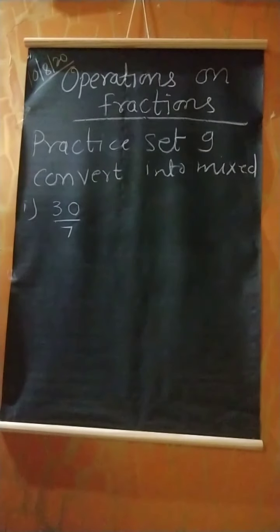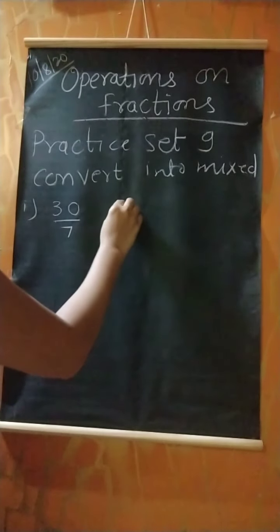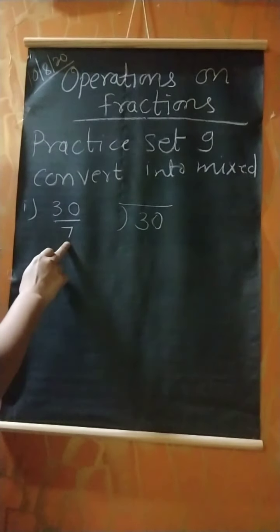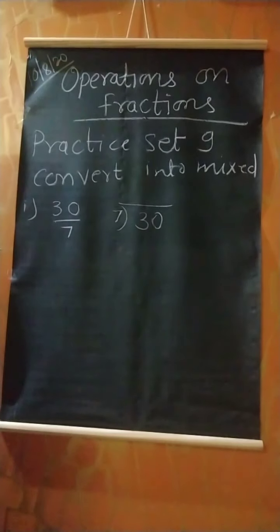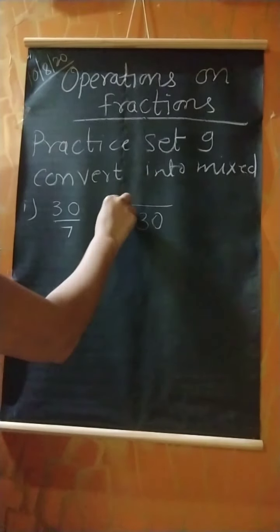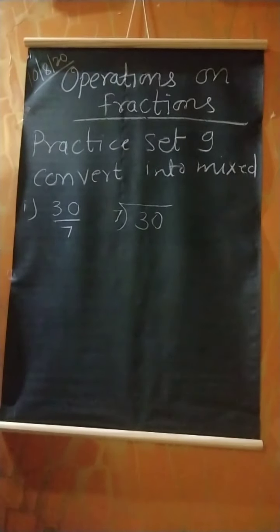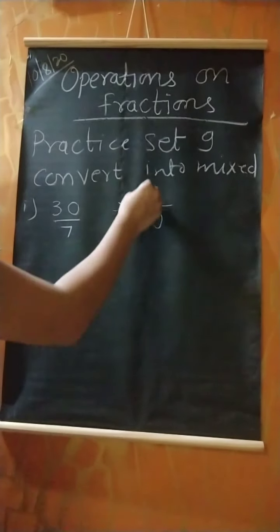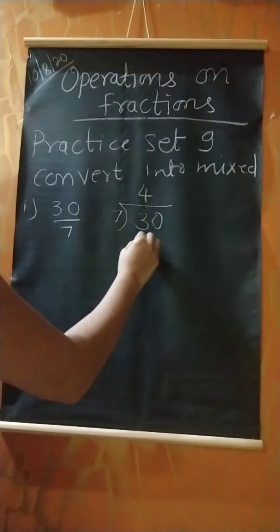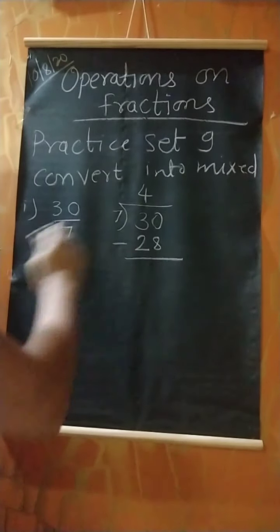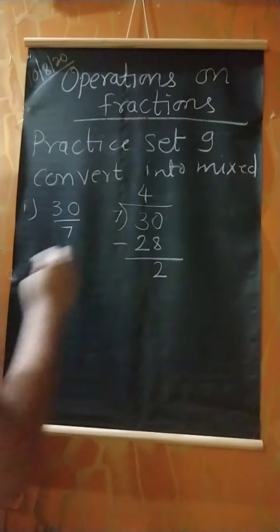Now here, as I told, the numerator will be here, and the denominator will act as the divisor. In this case, 30 is not coming in the table of 7. What is the smaller number? 28. 28 is on the 4th place, right? So write 4 here and subtract 28 from this. Your answer is 30 minus 28, that is 2.